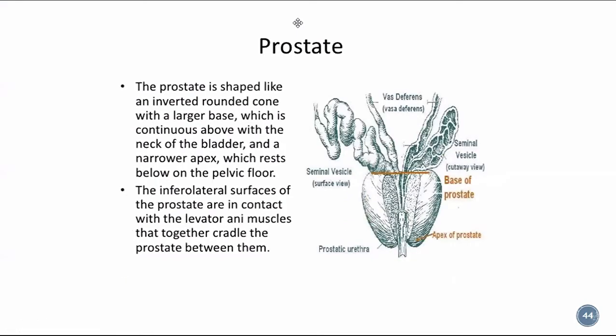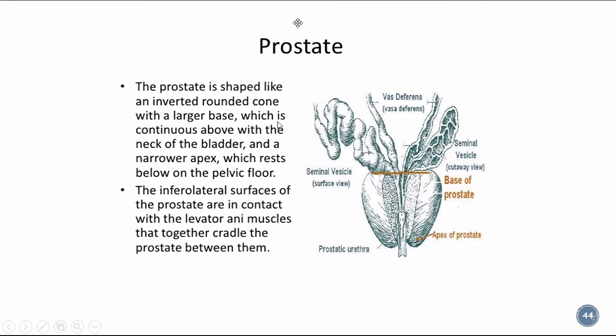The prostate is shaped like an inverted rounded cone, with a larger base and a narrower apex. This is unusual for the prostate, because the upper part is actually the base and the lower part is the apex. It's upside down.